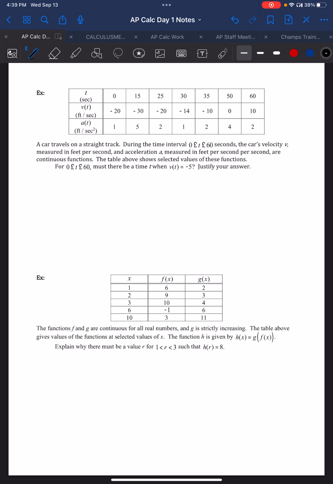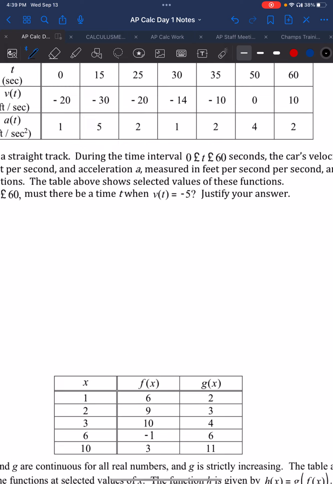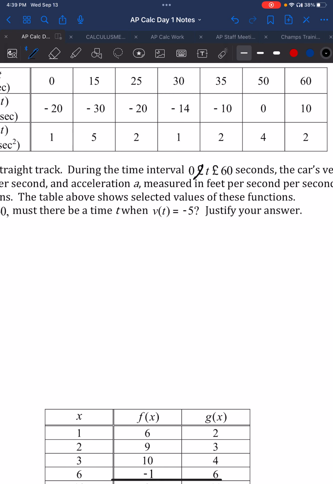A car travels on a straight track during the time interval. Oh my lord. Those are not what I thought they were going to be. Those should be less thans.